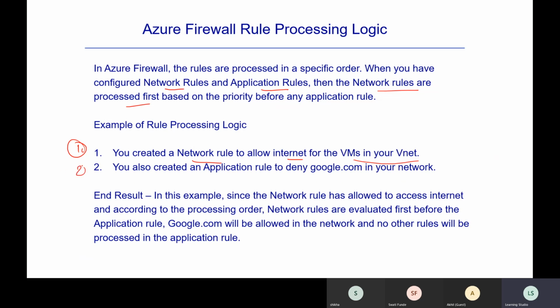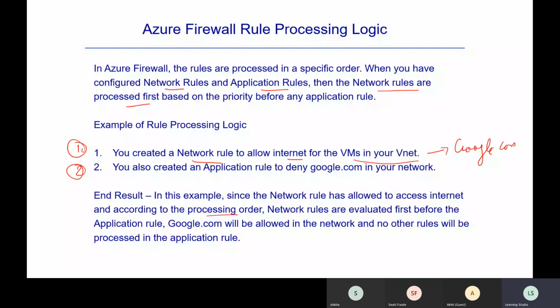In this example, what will be the end result? Since the network rule has allowed access to the internet, and according to the processing order, network rules are evaluated first before your application rules, Google will be allowed in your network. So your application rule will not have any importance in this specific example.